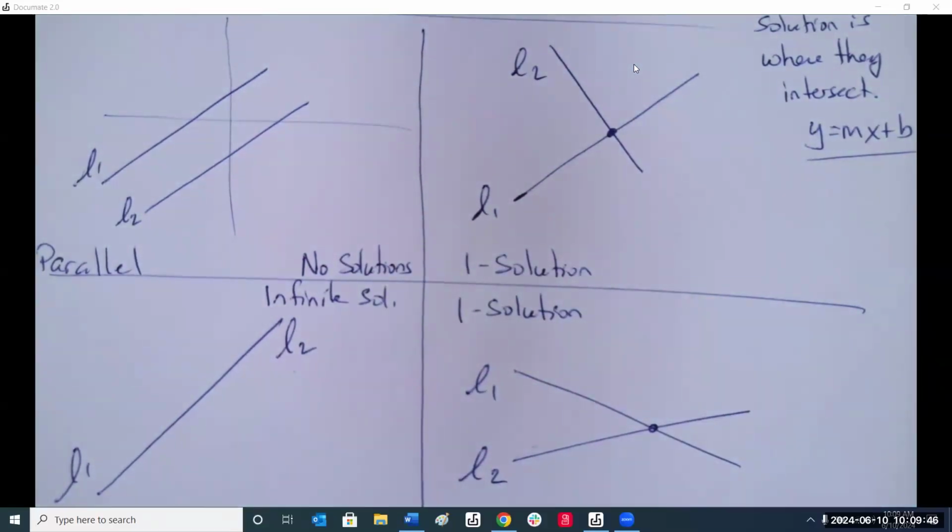They both have y-intercepts. But what can you notice about them? What do you observe? There's two things we can observe. What about the slopes?